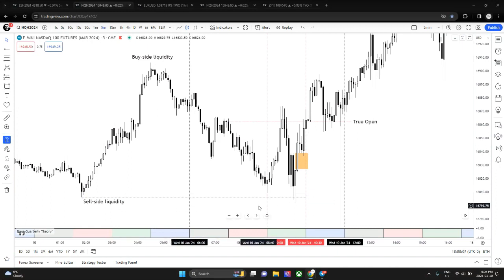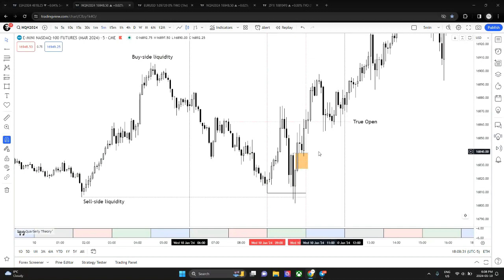This is something that you need to write down. If we are not below a true open, and you see bullish SMT above a true open, don't pay attention to it, okay? Not important. That is not even SMT divergence.